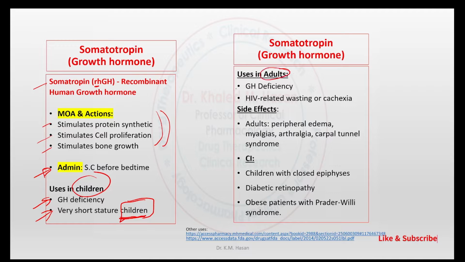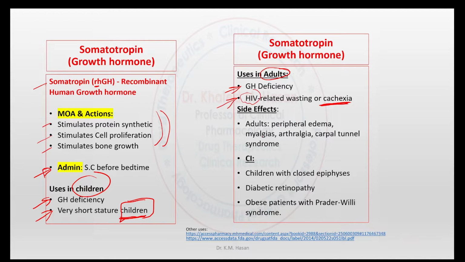We can use it for adults suffering from growth hormone deficiency, or some patients suffering from HIV-related wasting, or cachexia, losing a lot of weight, physical wasting, and body mass. So we use it for GH deficiency and for patients with HIV as a replacement.